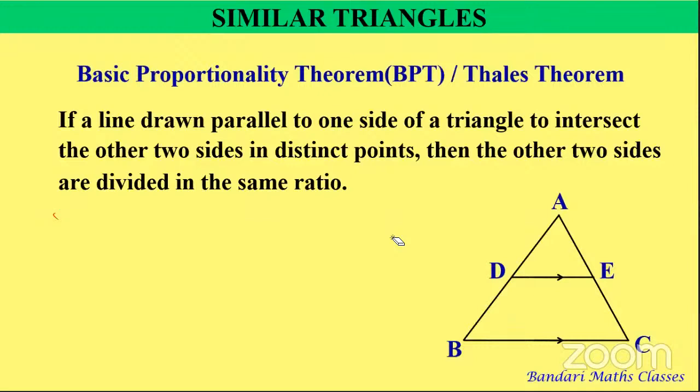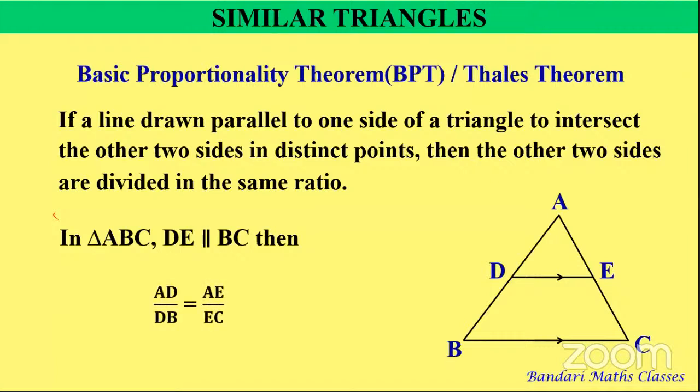Distinct means different points. This is given. So triangle ABC, DE parallel to BC. Then the ratio becomes AD by DB equals AE by EC.